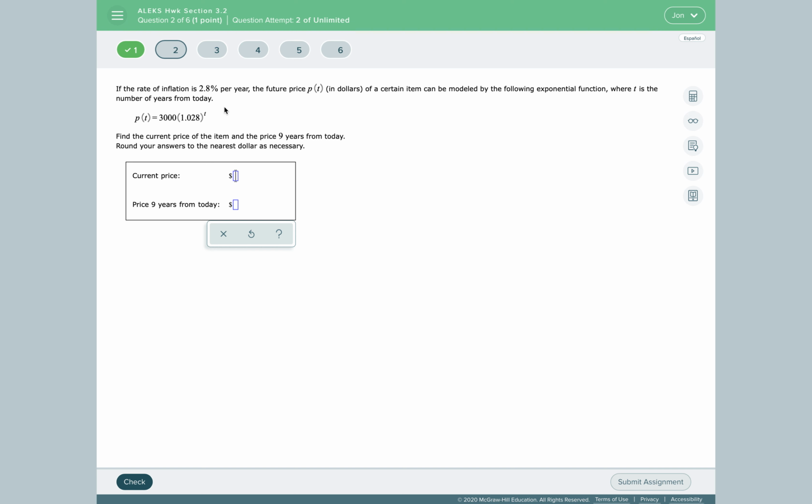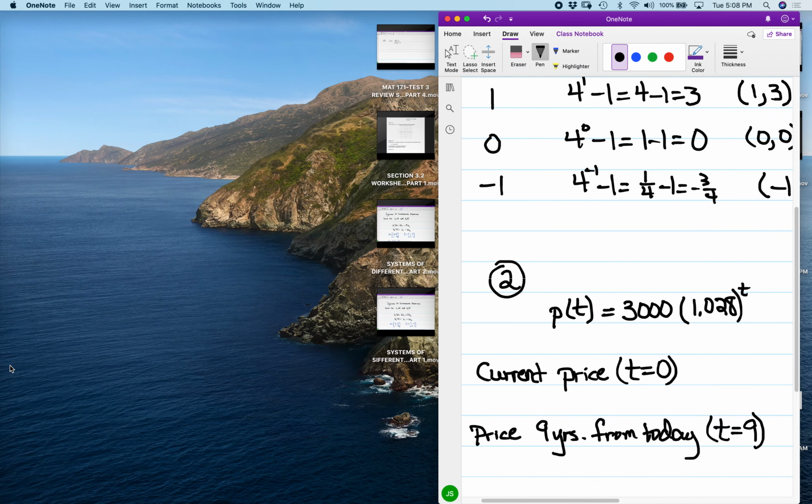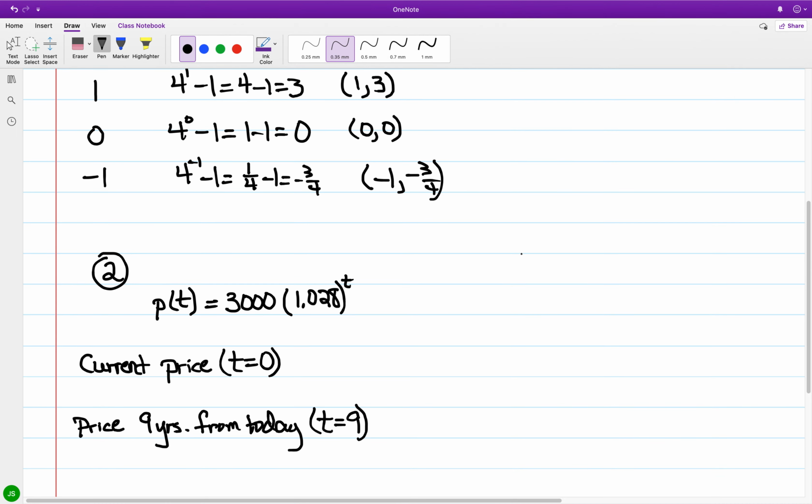Okay, so with the current price, this will be the price as of today. And so in looking at our formula, you have P of t is equal to 3,000 times 1.028 raised to the t power.